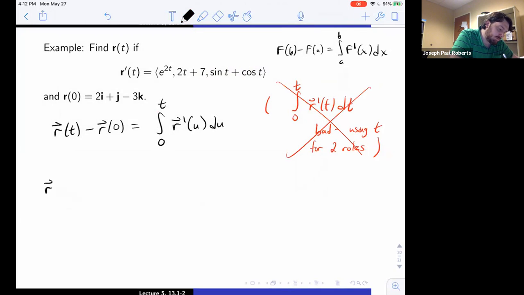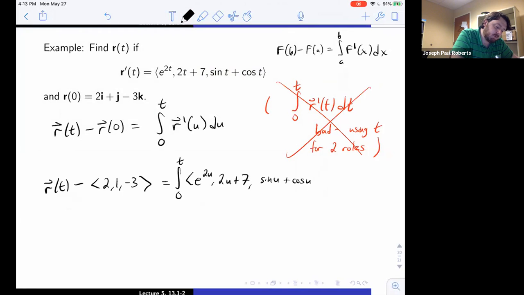So r of t minus 2, 1, minus 3, I could substitute in, since r of 0 is 2i plus j minus 3k, is the integral from 0 to t of e to the 2u, 2u plus 7, sine u plus cosine u, du.